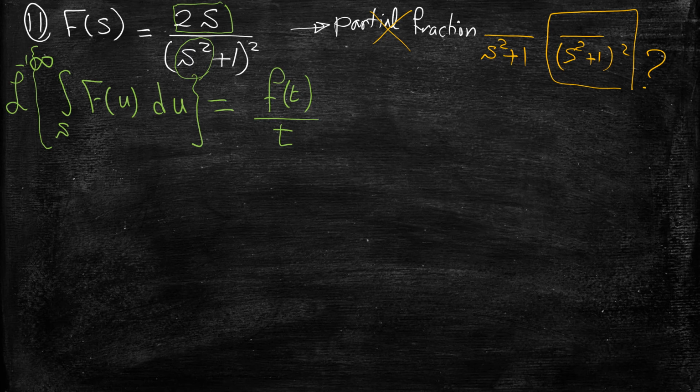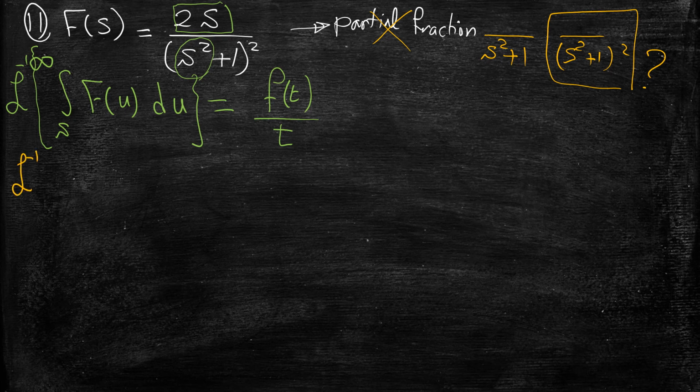So if we have some function in the s domain, it can be integrated to give another simpler form. The inverse of the simpler form is nothing but the original function, which is still unknown and required, divided by t. After getting this, just multiply by t and you will get your f of t. So let's apply this property here.